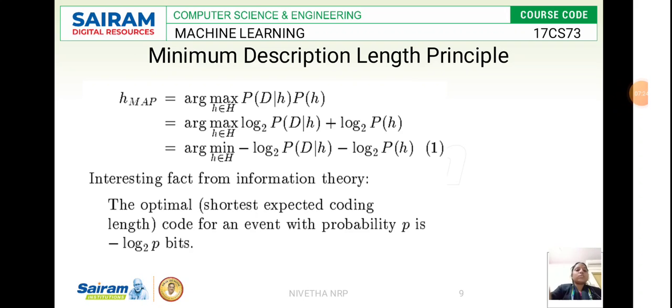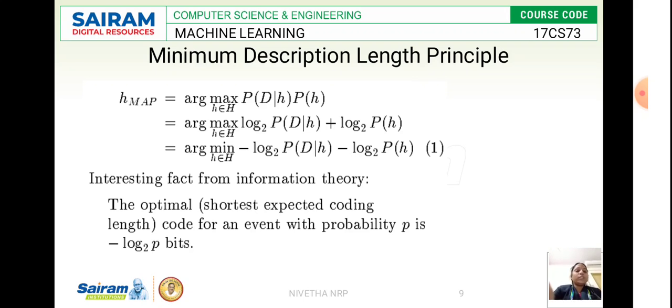MDL is also derived from information theory. We know the formula for H_MAP: H_MAP is given by arg max, H belonging to capital H, of the probability of D given H multiplied with the probability of H. Now, for the sake of simplification, we introduce a logarithmic value.